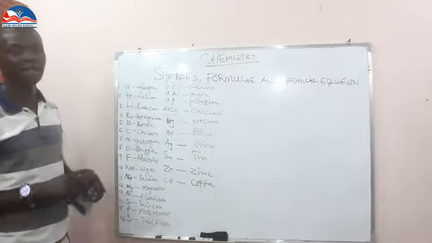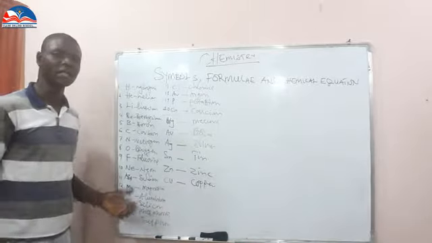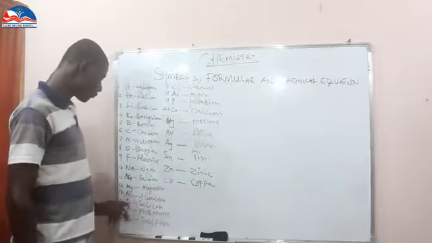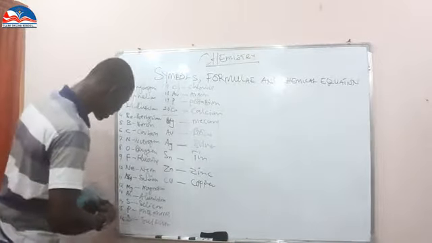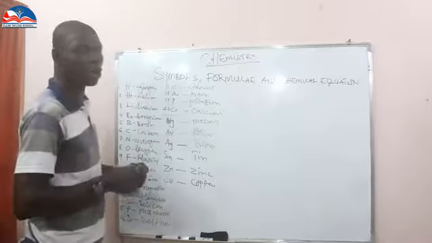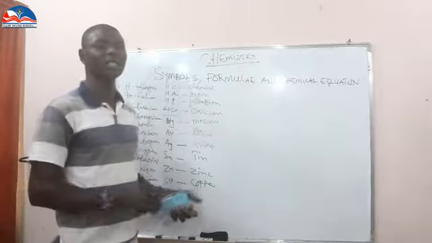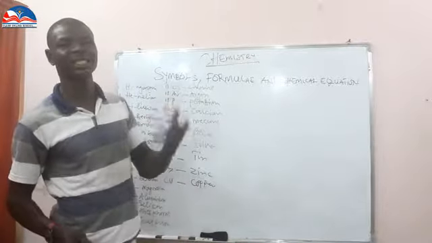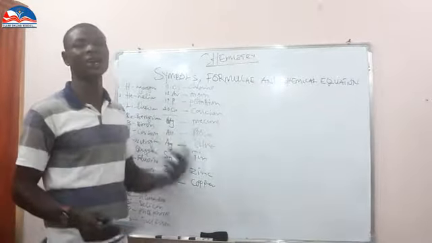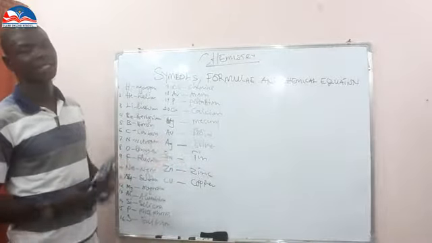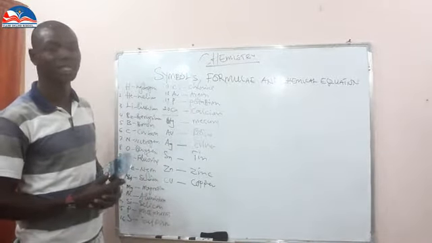Now the symbol of magnesium Mg, the symbol of aluminum Al, the symbol of silicon Si, the symbol of phosphorus P, the symbol of sulfur S, the symbol of chlorine Cl, the symbol of argon Ar, the symbol of potassium K, and the symbol of calcium Ca.